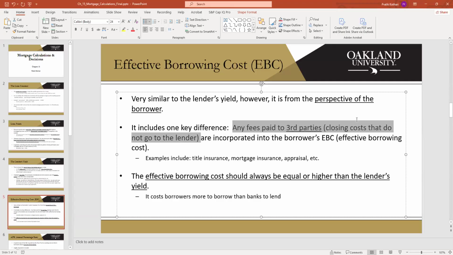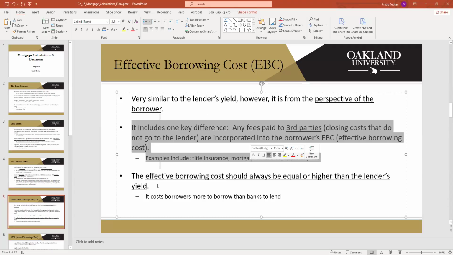Suppose that you used a mortgage broker or the title insurance that you had to buy. All these things are also included in the effective borrowing cost because the borrower gets charged that money, right? Even though it's not going to the lender, it's going to the title insurance company or mortgage insurance or appraisal, whatever it is, the borrower has to pay. So that's why it's included in their cost.